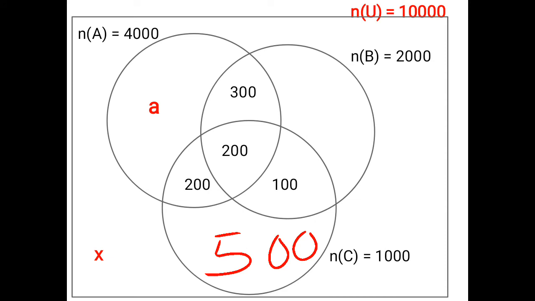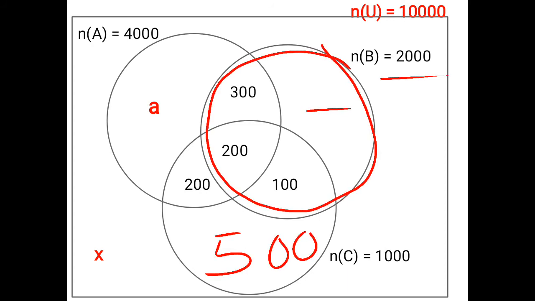So in drawing my Venn diagram, I will write those answers straight away. So this one too, the question didn't ask me to find, so I can easily write it there. I know when I add the whole circle, I should get 2000.